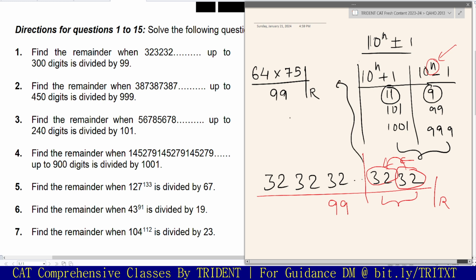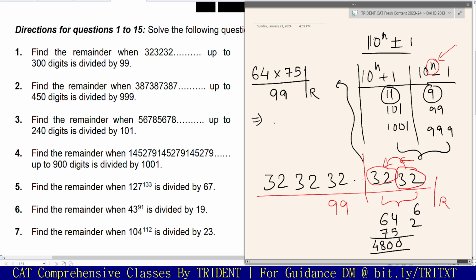Now 64 into 75, although not a very difficult multiplication, you can do that very easily. Let's do that. We can employ some Vedic maths technique. 5 4s are 20, 30 plus 28, 58 plus 2 is 60, 0 6. 42 plus 6 is 48.